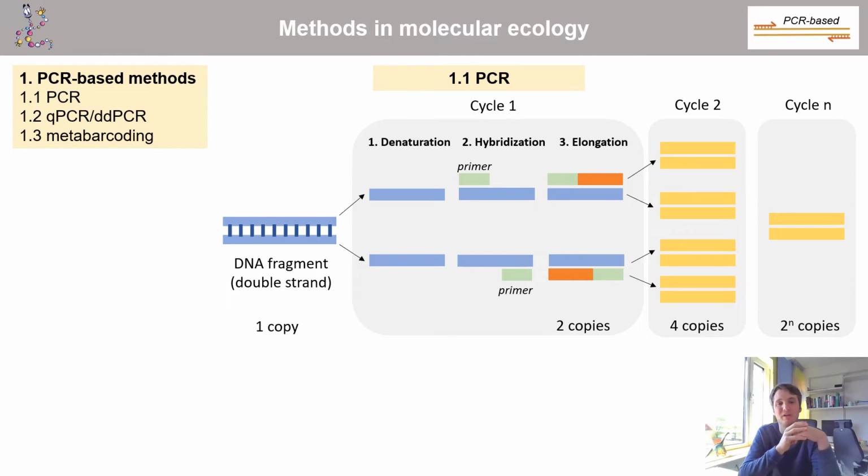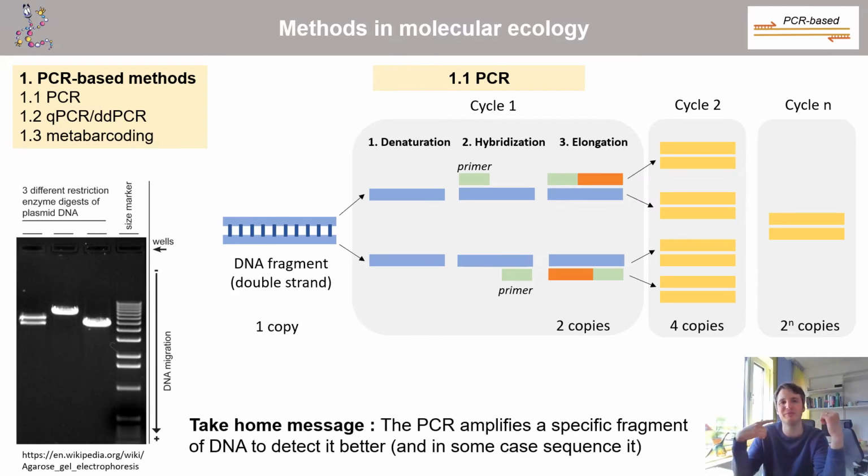So you will duplicate the first copy of DNA into 2 copies. This is what happens during the first cycle of the PCR, and during the second cycle, you will have a duplication of those 2 copies into 4 copies. And then by doing between 25 and 30 cycles of PCR, you can get a lot of copies of the same gene, of the same DNA fragment, sorry.